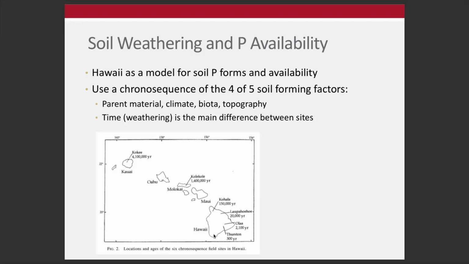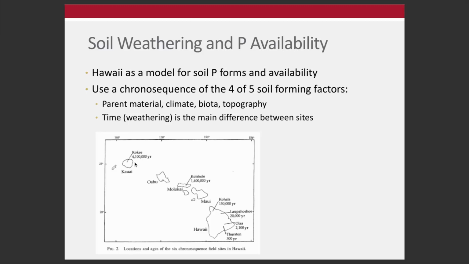We've got soil in Hawaii that's less than 300 years old. So this is the most recent piece of that island versus the oldest. And in terms of what is in that parent material, the climate, the biology, and the topography, we can really hold those constant and look at time as our factor that we're manipulating.